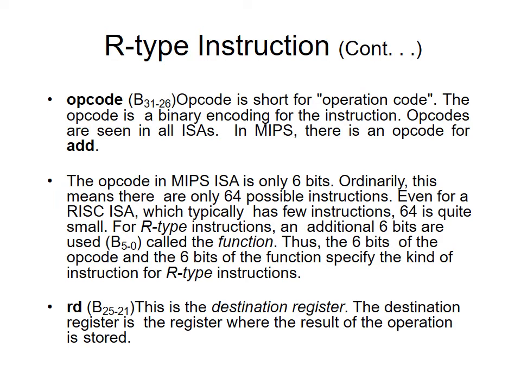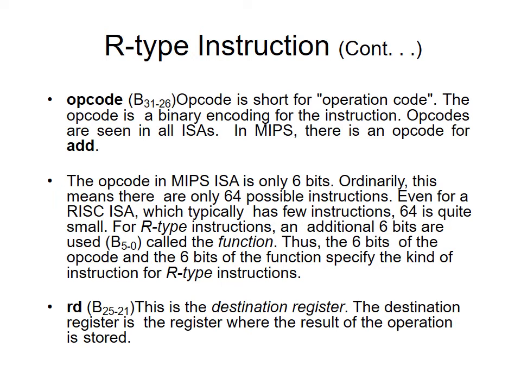The opcode in the MIPS ISA is only 6 bits. Ordinarily, this means there are only 64 possible instructions. Even for a RISC ISA, which typically has few instructions, 64 is quite small.